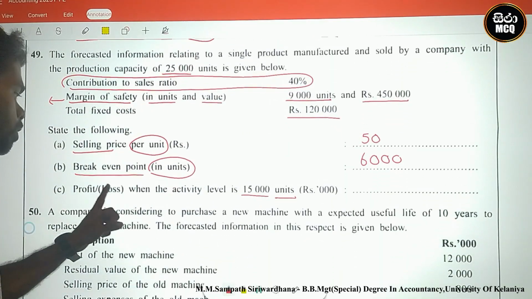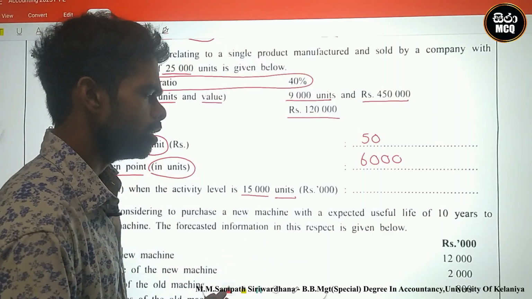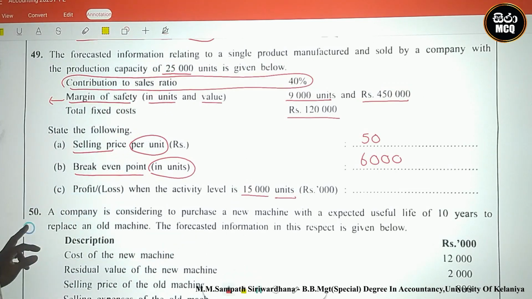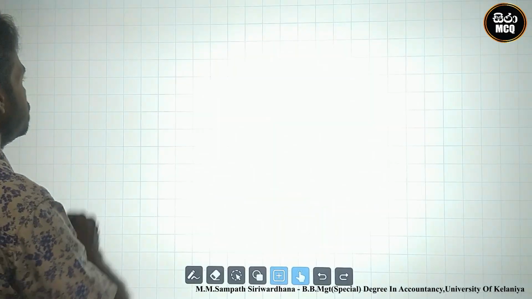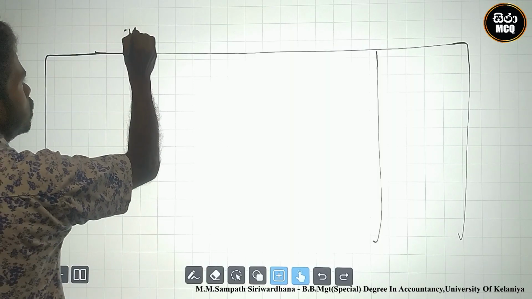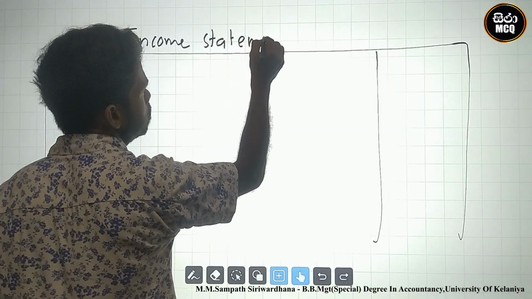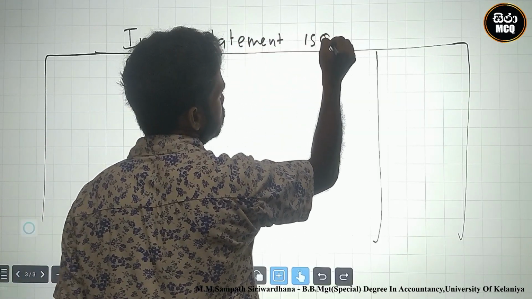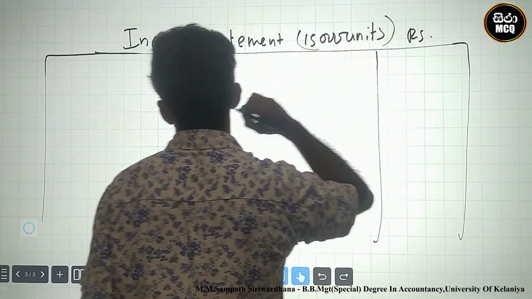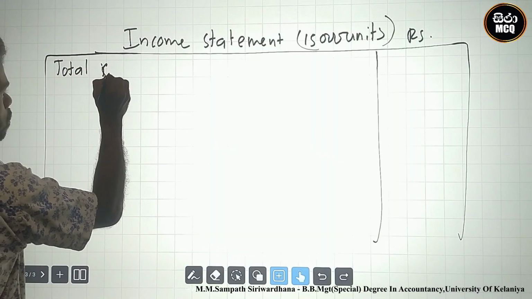Next, the profit or loss when the activity level is 15,000 units. We can find this using an income statement for 15,000 units. Firstly, we identify the total sales income.